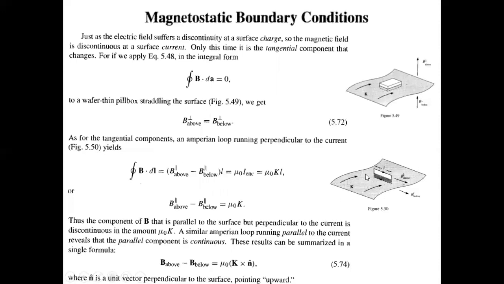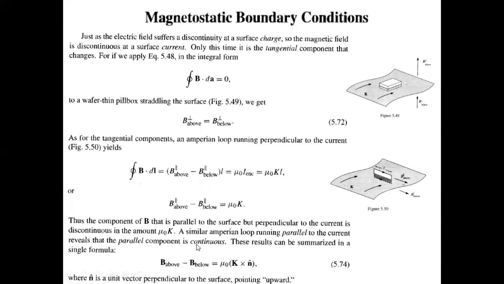Similarly, if we think about a situation like this, and we use the Amperian loop here, then the component of B that is parallel to the surface but perpendicular to the current is discontinuous by the amount mu 0 K. So you have this amount coming in for this one.